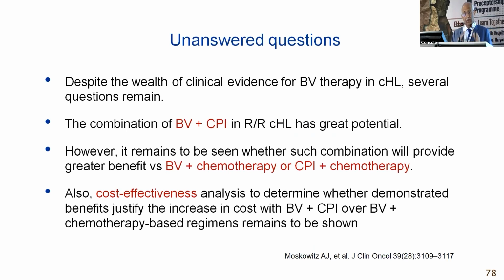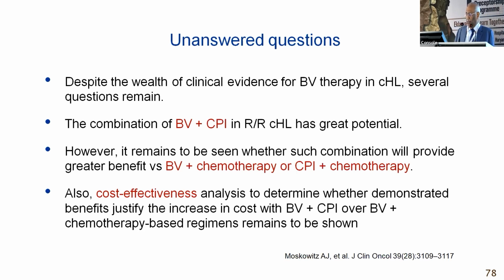It can be used as monotherapy. It is commonly used in combination with various chemotherapy, and there is data for combining it with checkpoint inhibitors. The first biggest problem is that the data on BV with checkpoint inhibitor is early. So any use of this combination, whether upfront, as a bridge to transplant, or afterwards, will be experimental.